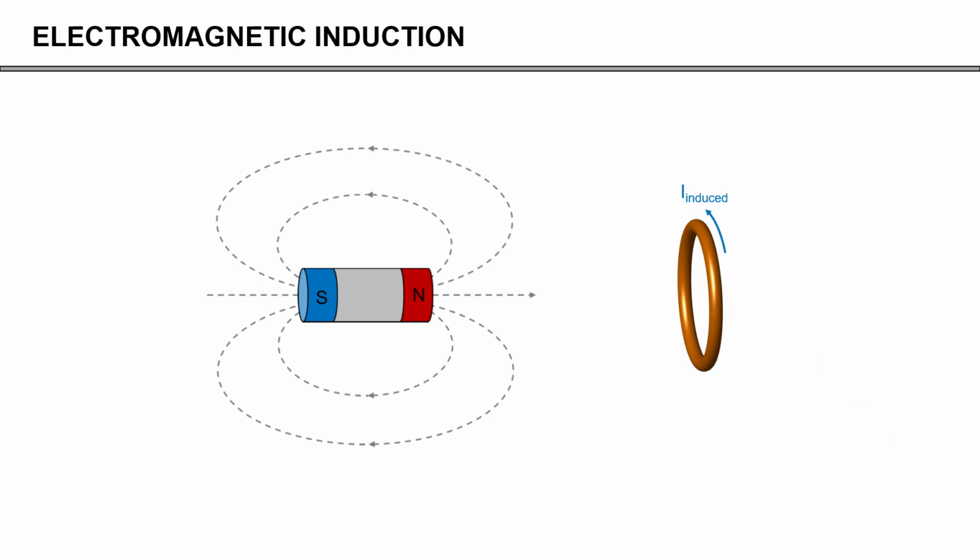The flowing electrons generate a secondary, induced magnetic field that opposes the magnetic field that generated the current in the first place. So this is electromagnetic induction, where a change in magnetic field can lead to a current and an induced magnetic field.